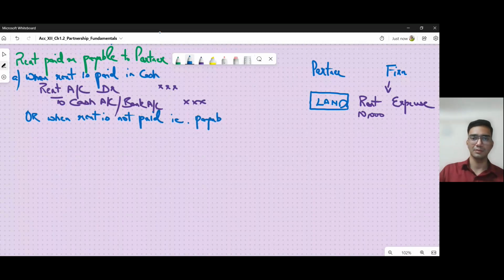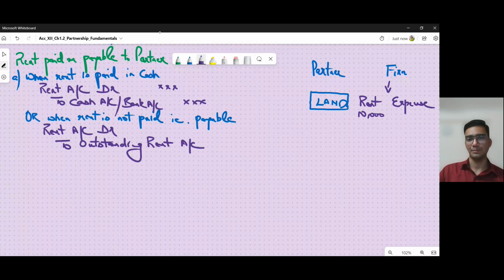Not paid means it's payable. So in that case, what's my journal entry? Rent account debit to outstanding rent account. Why? Because I'm creating a new liability for me, which is outstanding rent.